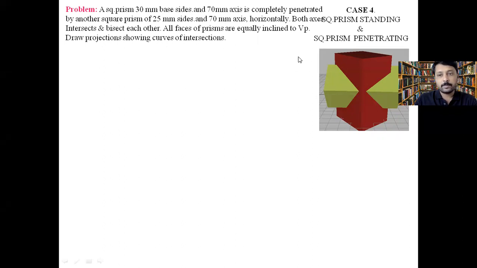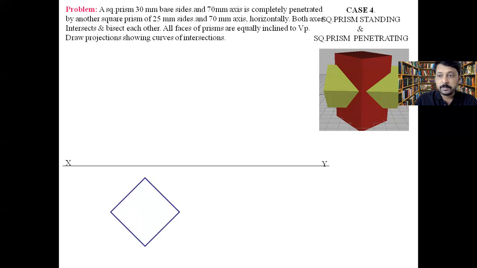Now let us see what we can do with it. First you have to draw the XY line. Draw the first prism. The first prism is given, which is 30 mm each side. Now why are we drawing like this? Because it is said that the sides are inclined, not horizontal. Okay, let me show you. This is one thing I have.